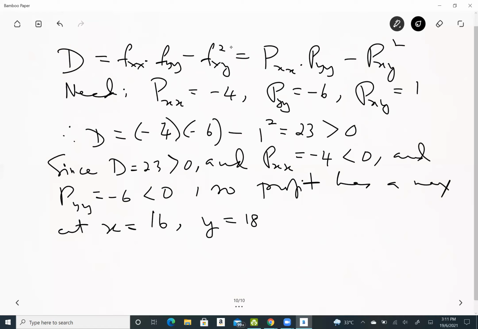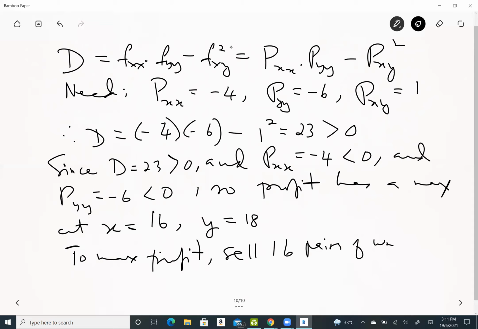So you say that to maximize profit, we need to sell 16 pairs of walking shoes and 18 pairs of running shoes. So that is our part A.